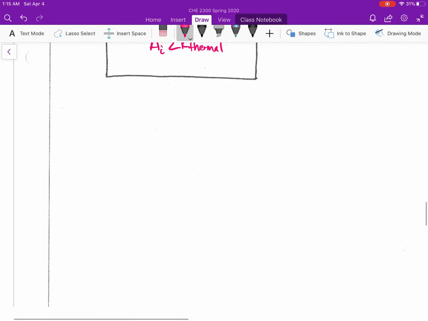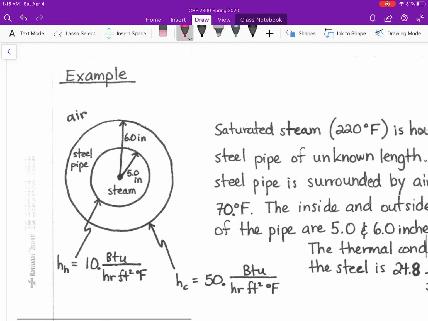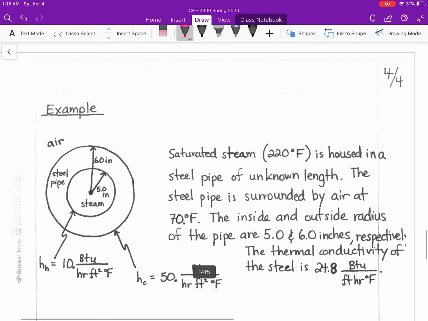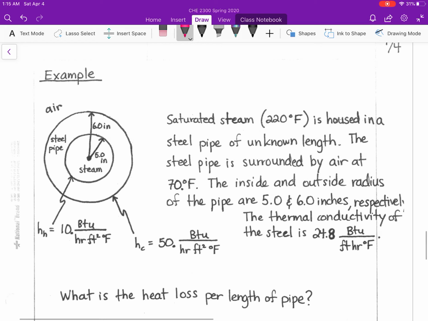Okay, so let's go over an example to see if hopefully any of that made sense. In the following example, what we have is saturated steam on the inside of our pipe, housed in a pipe of unknown length.